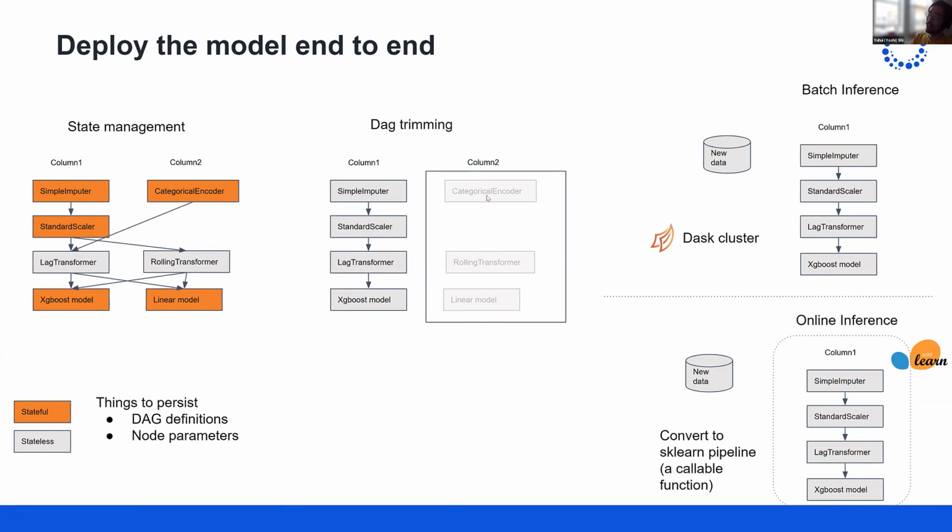For example, there might be column 2, this particular feature, which, when we inspect the feature importance, might play a very minimal role in the final model. So in this case, we will start backwards from the DAG and try to prune all those redundant blocks and make this DAG go from a graph into something tree-like.